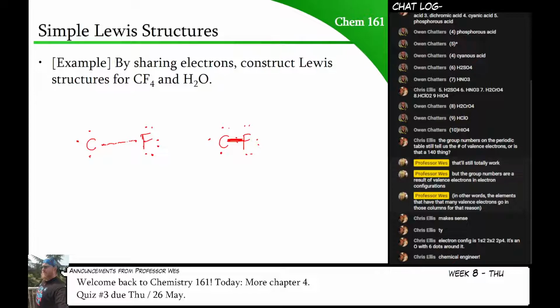Anyway, I want you to draw these two Lewis structures, so CF4 and H2O. I've sort of started CF4 for you. If only I wasn't about to erase everything, right? So, all right, go ahead and try that.